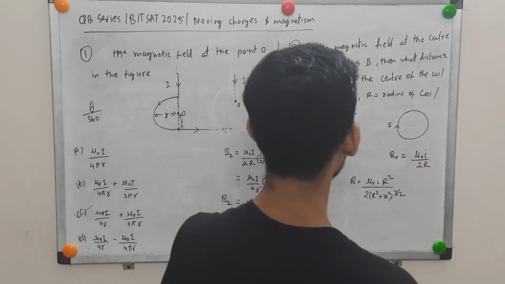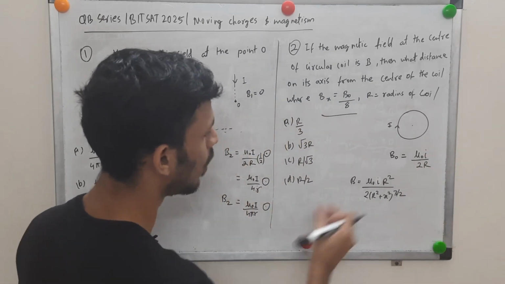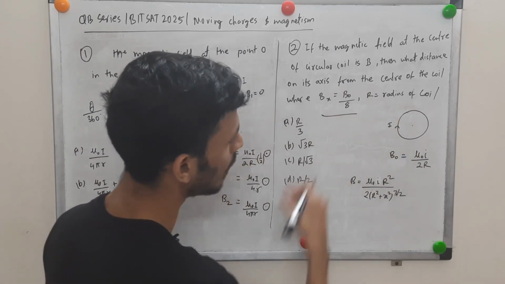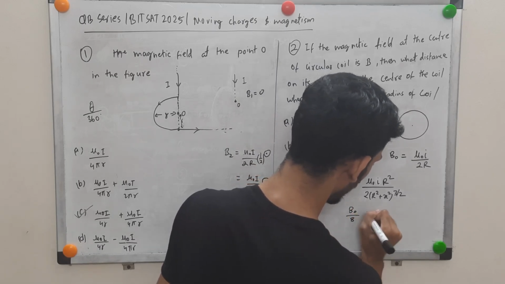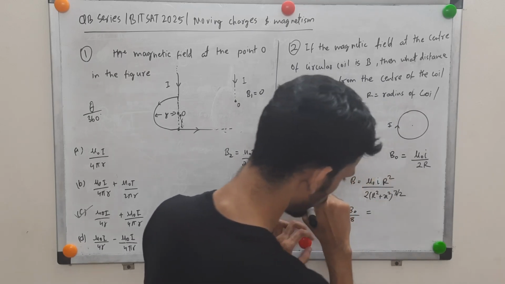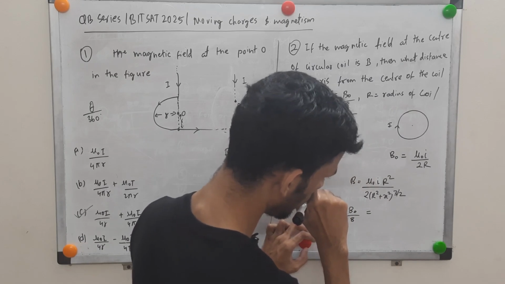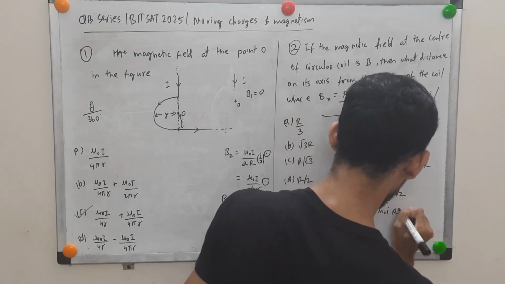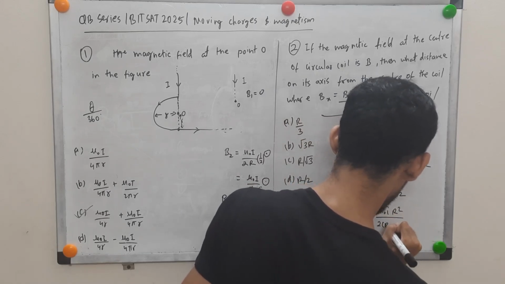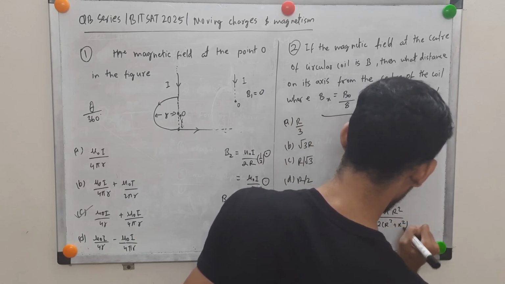Okay, now you are asked at what point, so what x, will this field become B naught by 8. So substitute over here B naught by 8. Okay, and if you see this part, we'll keep it as it is: mu 0 I r square upon 2 times r square plus x square raised to 3 by 2.